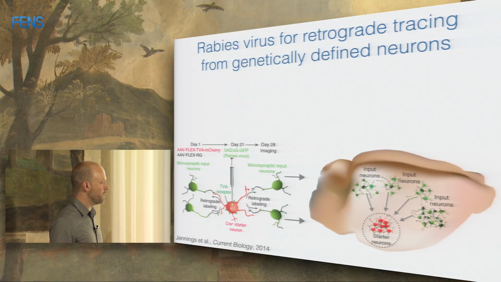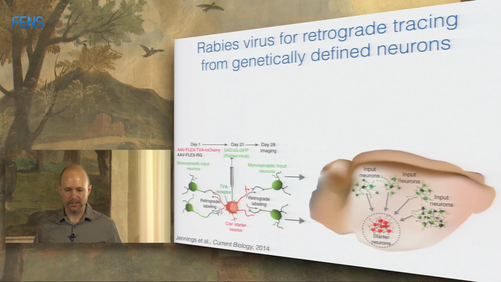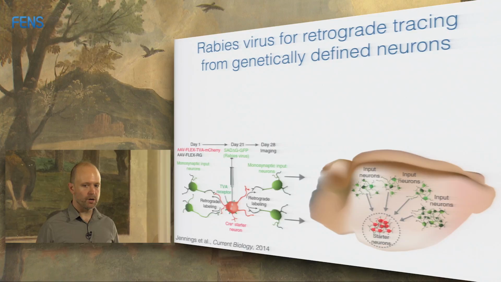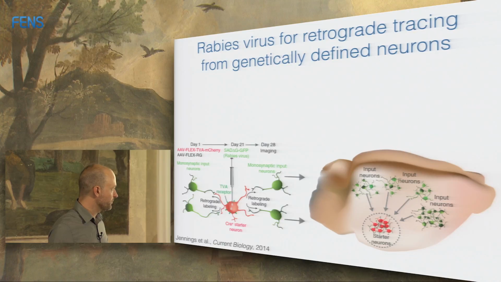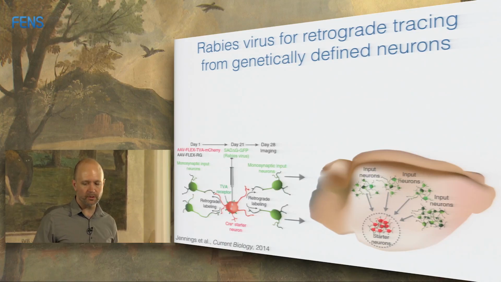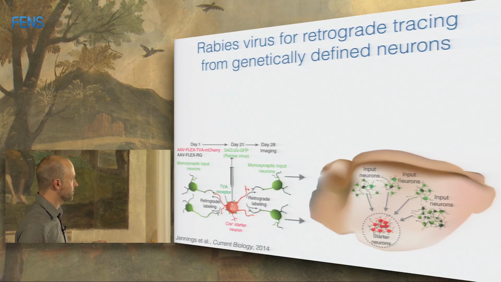The rabies virus, in this case used for retrograde transsynaptic or monosynaptic tracing, has been engineered in a way where it can't actually infect neurons unless it has a receptor that's required for the rabies virus to enter the cell. This is the TVA receptor.